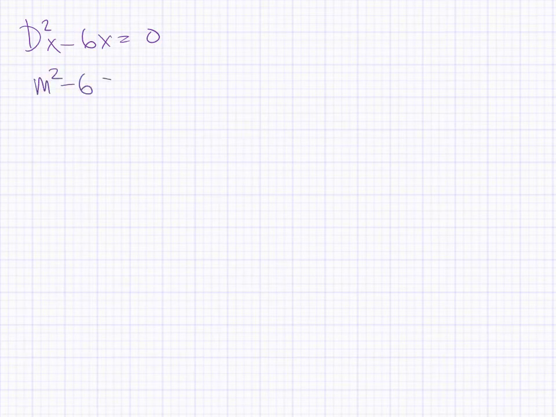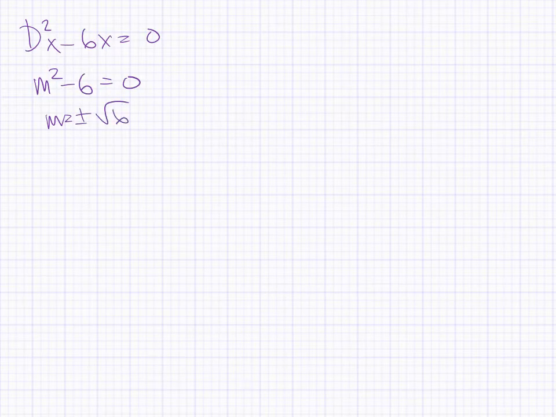First we have the second derivative of x minus 6x equals 0. If we did that with an auxiliary equation, what would that be? Since it's a constant coefficient equation, that would be m squared minus 6 equals 0. There's no first derivative, so there's no m to the first. We solve this auxiliary equation because it is homogeneous, which gives m equals plus and minus the square root of 6.